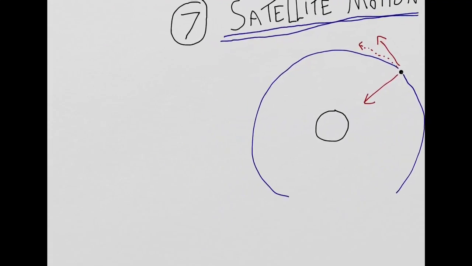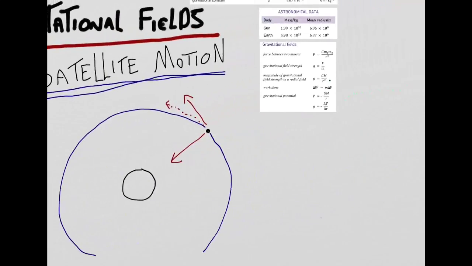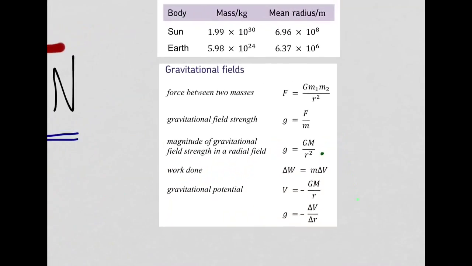So if we want to look at the equation for gravitational force, we will use this equation here, Newton's law of gravitation. Let's do it over here. So we have F is equal to minus G big M little m over R squared.